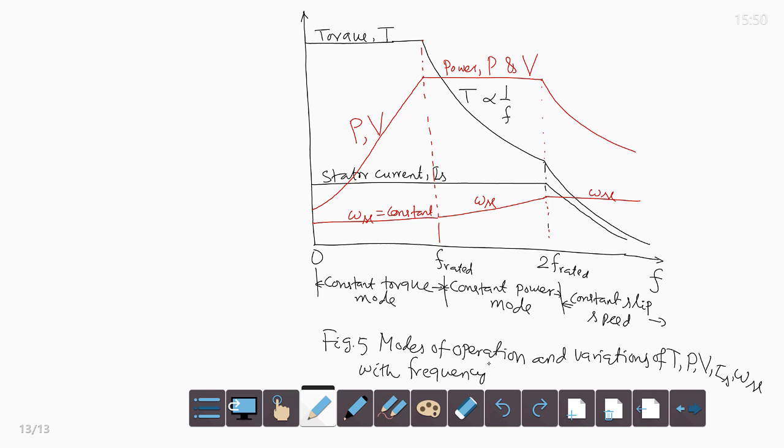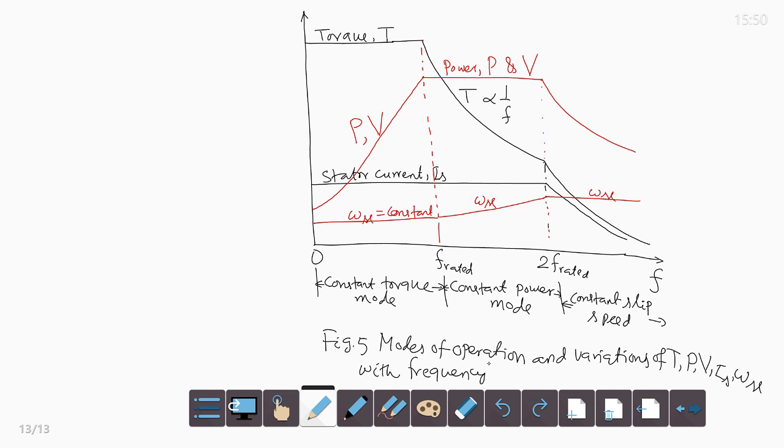So, current is constant because torque is constant and speed increases linearly from 0 to f rated, power varies linearly from 0 to rated frequency. Again voltage is also varying linearly, current is constant. So, the V and I product is power. So, P and V will have the same graph. So, at low frequencies, when the voltage is increased, then the power is also increased. So, that maximum torque is maintained constant.